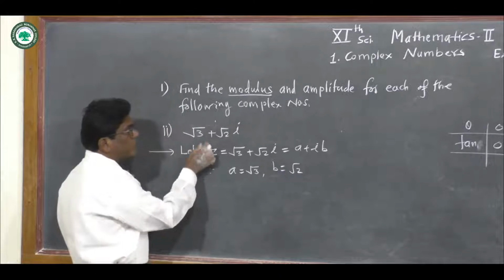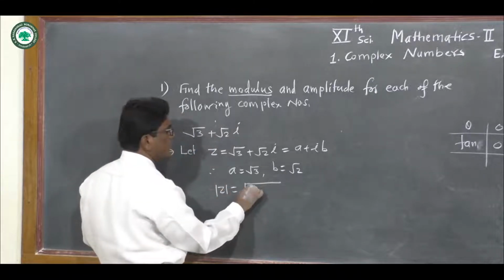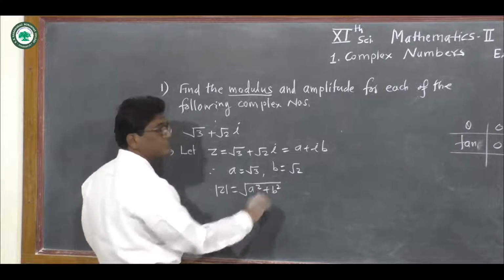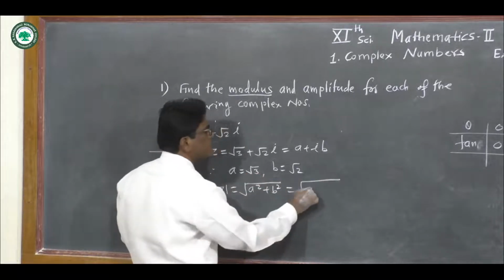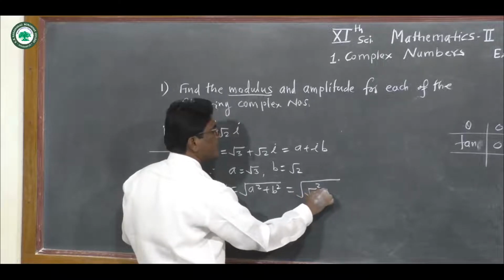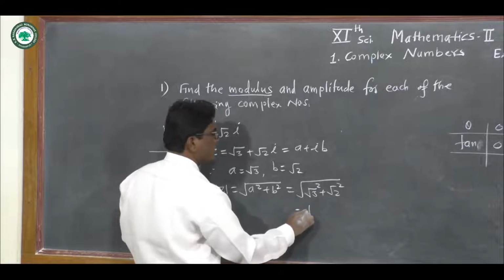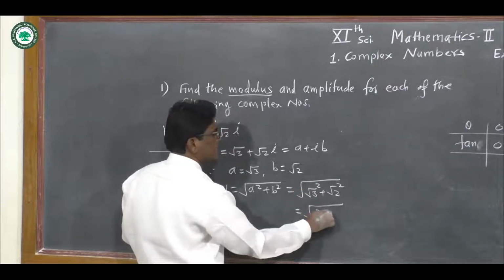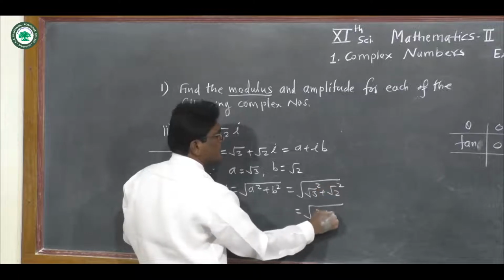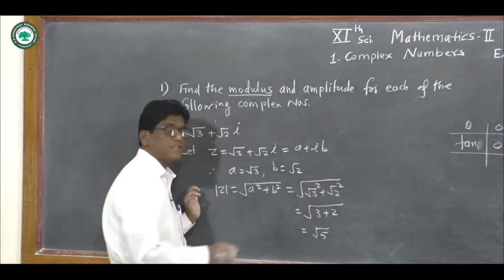We have to find the modulus. So mod of z is equal to under root of a square plus b square. So it is equal to under root of, put the value of a, that is root 3 squared, plus b, root 2 squared. The square root and square get cancelled, so 3, and here also 2, and 3 plus 2 is 5. So mod of z is root 5.